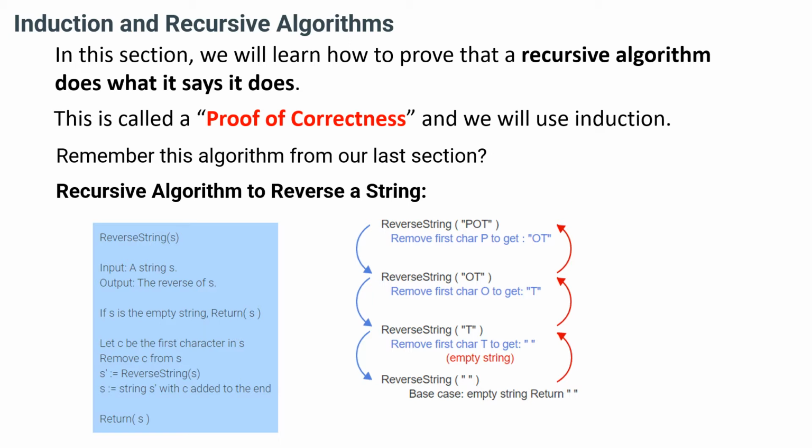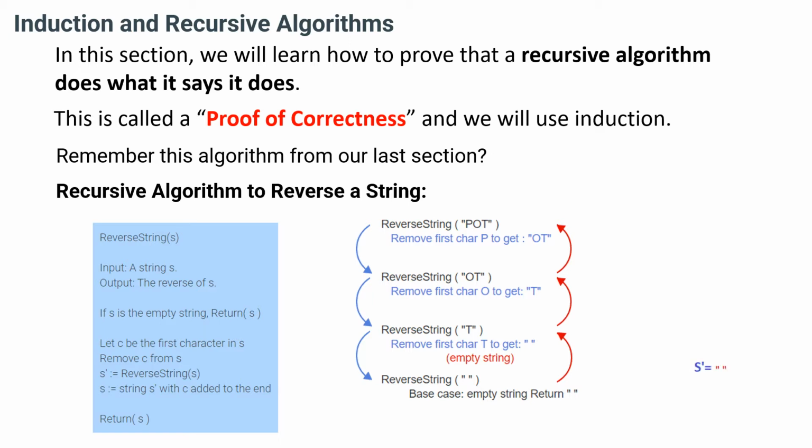That's the first time we can start returning something because of this line that says if S is the empty string, then just return the empty string. So that would be the case here where we would finally return what you see down here at the very bottom. It says empty string. We would return the empty string.